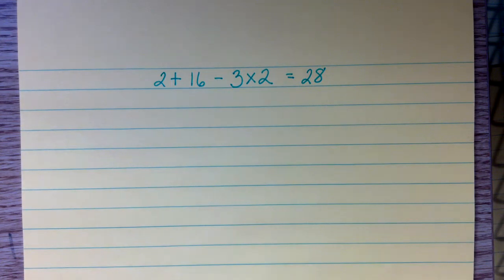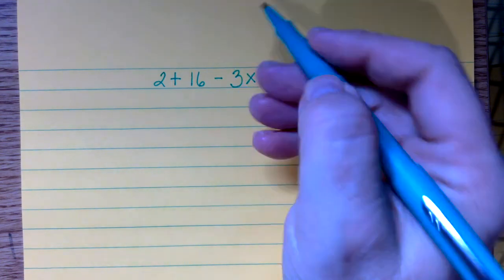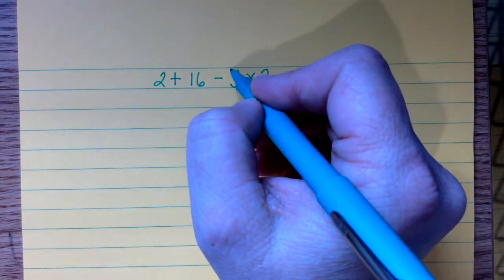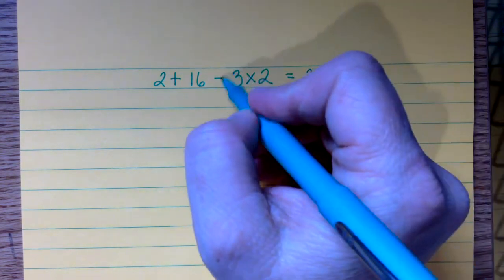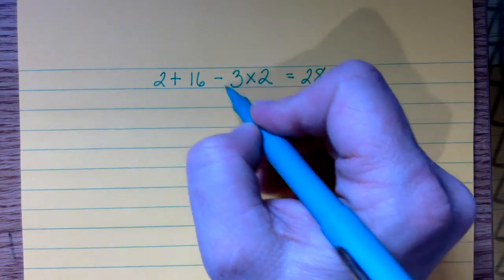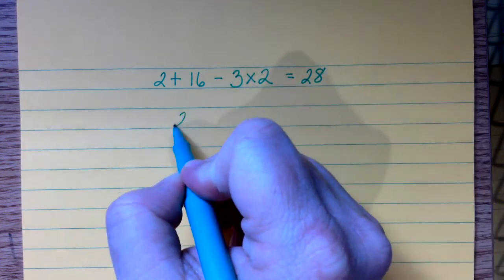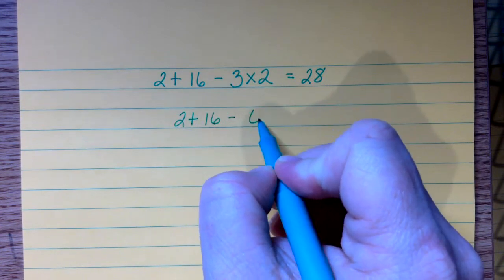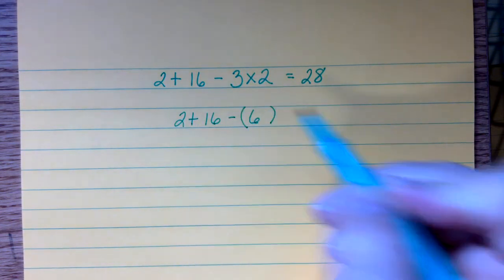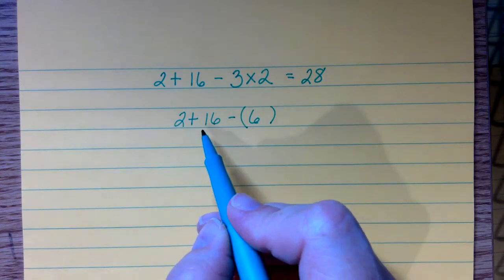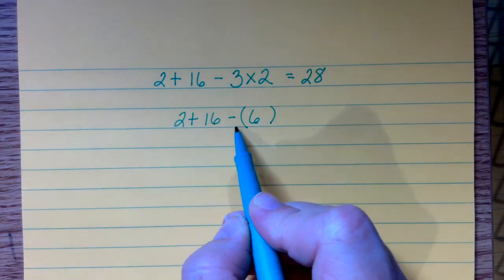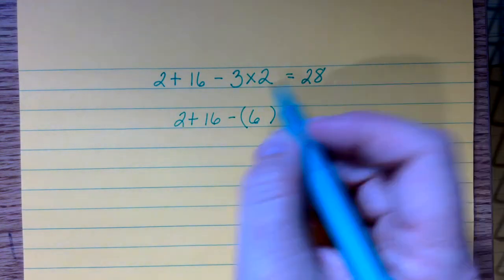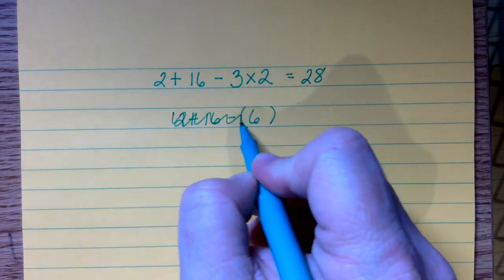So what if I did 2 plus 16 minus 6? What if I put the parentheses right here? So if I did 2 plus 16 minus 6, because the parentheses would go here, that would be 2 plus 16 is 18, minus 6 equals 12, so that one can't be it.